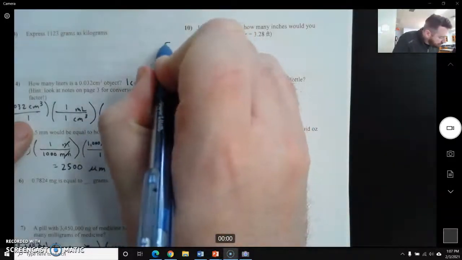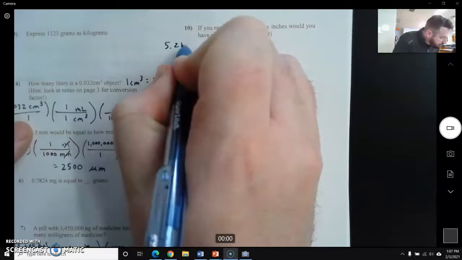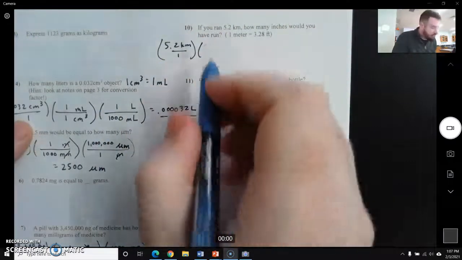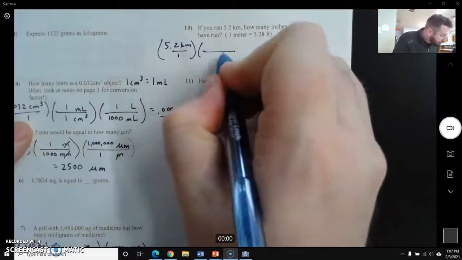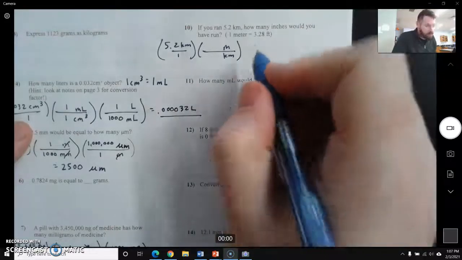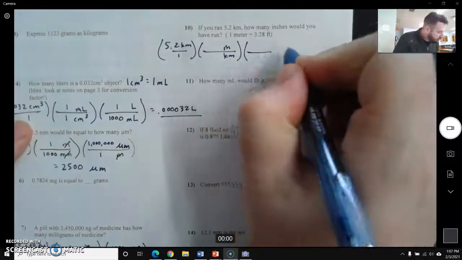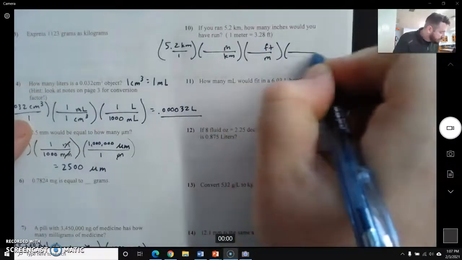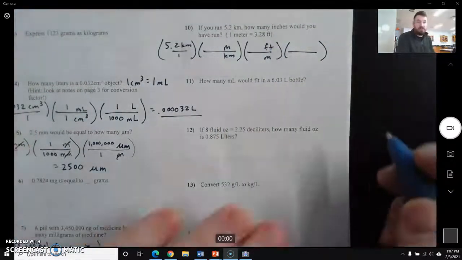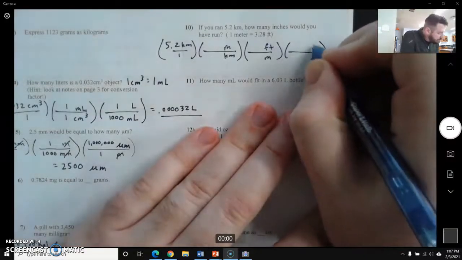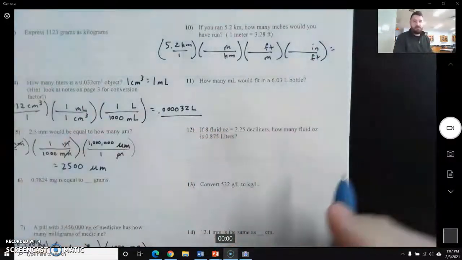We have 5.2 kilometers, put it over 1, and in parentheses, we can go from kilometers to meters, go from meters to feet, and then this last one they didn't give you, but they assumed that you would know how to go from feet to inches.